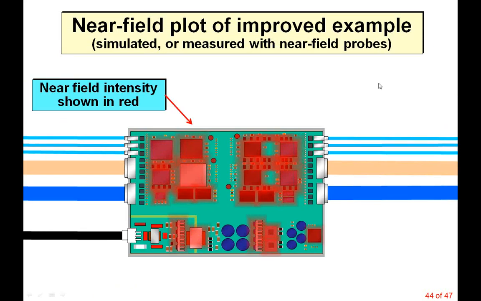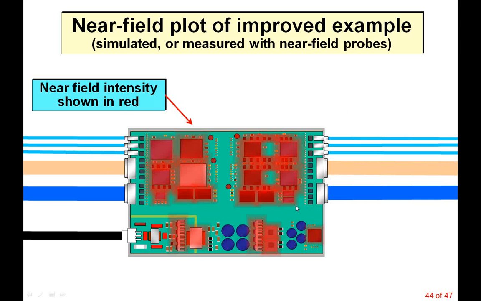Typically, we'll see the same field intensity that we saw before close to these processing devices and close to these switch mode devices. But away from them, the field that we measure with our probe will drop off very rapidly. So we don't see a great big sort of cloud of near field noise all around the whole board.